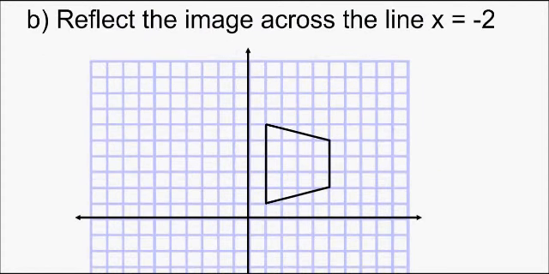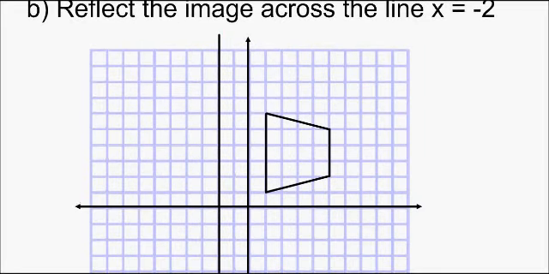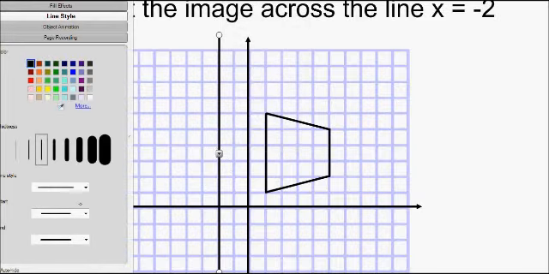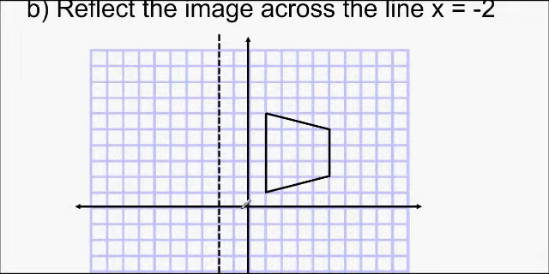Okay. Now I want to reflect my image across the line x equals negative 2. So that line is here. Again, I'm going to make it a dotted line. And I know this is where x is negative 2 because if I look at my number line, I can count back and we have a negative 2.